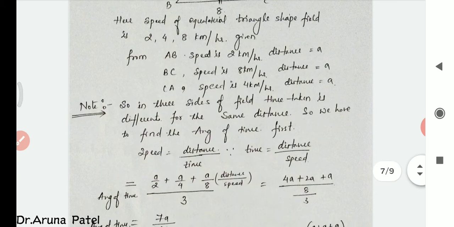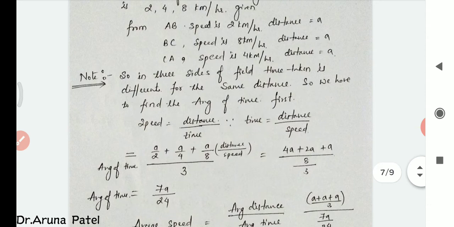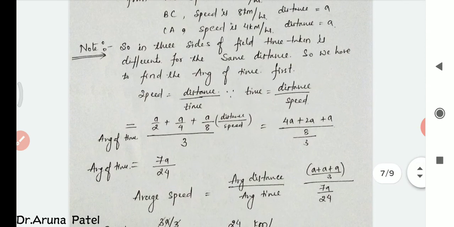Now time is equal to distance upon speed. So here distance is A, then the first time is A by 2, the second is A by 4, and the third is A by 8. Its average is dividing by 3. So the average of time on simplification is 4A plus 2A plus A whole upon 8, upon 3. So on simplification the average of time is 7A by 24.